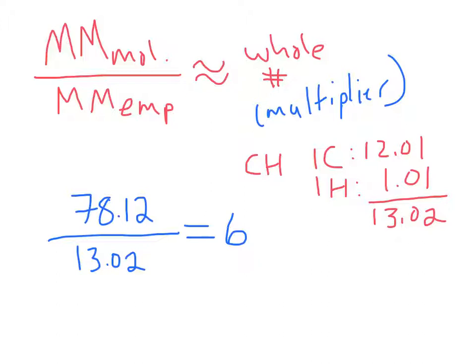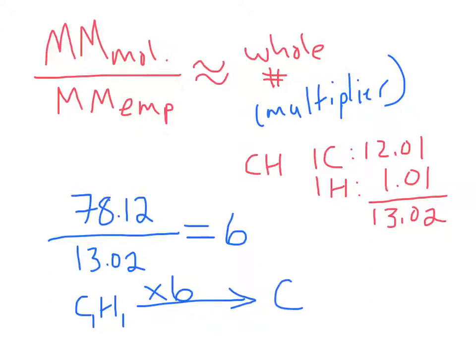Once we know what the multiplier is, we can go ahead and multiply all of the subscripts of the empirical formula by that number. So right now it's CH, which is the same as C1H1. And we want to use this multiplier of 6, which means we're multiplying all of the subscripts by that multiplier.